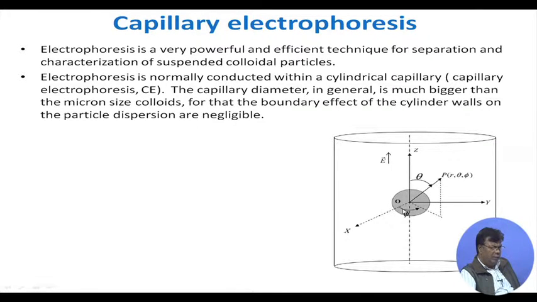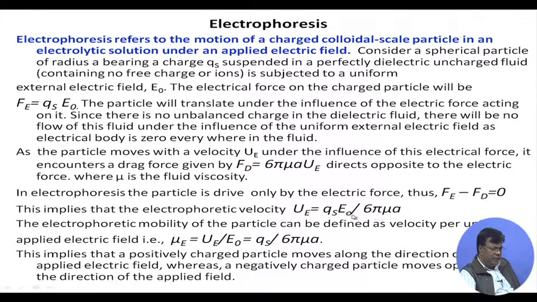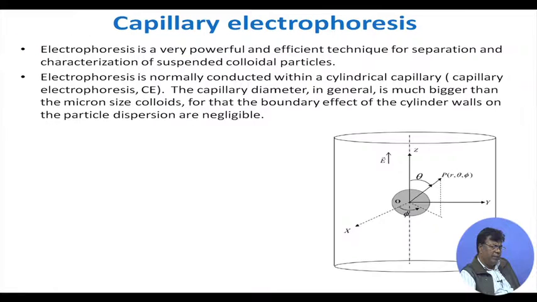As we could see from the previous expression, depending on the charge or the radius, the velocity will differ. So, we can sort the particles in terms of their velocity, size, and charge density. This kind of technique can be applied in capillary electrophoresis. That is why it is very helpful.